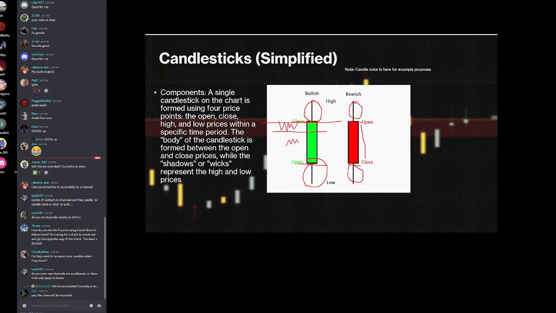So with the bearish candle, it's the opposite, where you're opening, and price might move up, show you the high, ultimately reject, but inevitably it moves down. Looks like we're playing hangman right now. But it moves down and closes at a price that is lower.